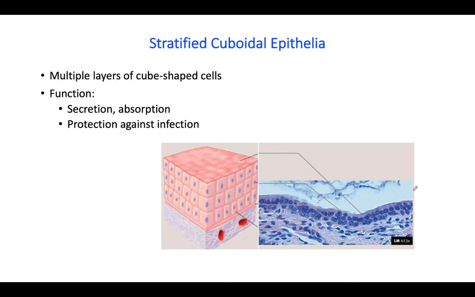Let's move to stratified cuboidal epithelia. Multiple layers of cube-shaped cells. What are the main functions? Secretion and absorption. Also protection against infection. So if you look at this microscopic view, you can see this cuboidal layer and another layer.